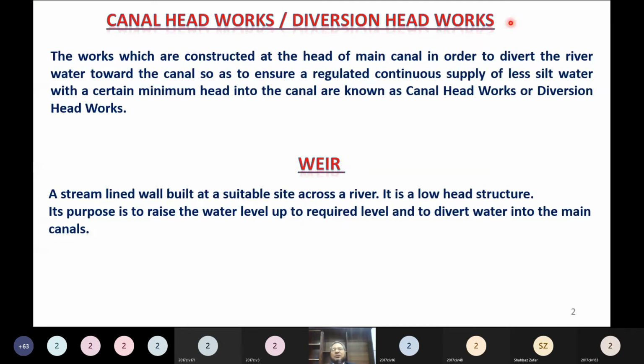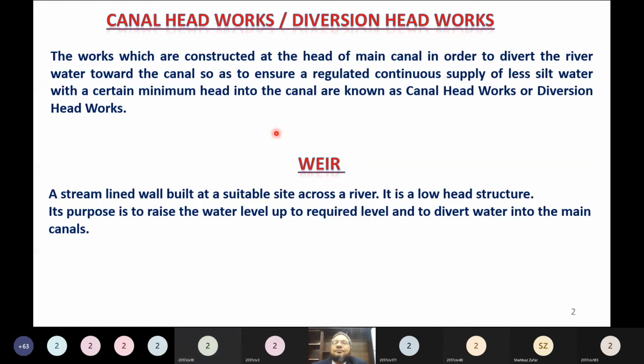Yeah, diversion headworks, simply headworks. Headworks, this is plural, we don't write it as a single work. What are headworks?